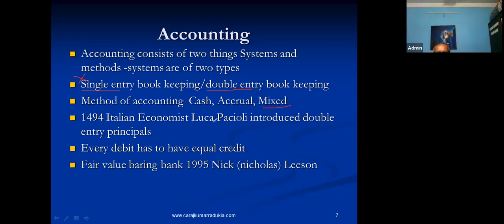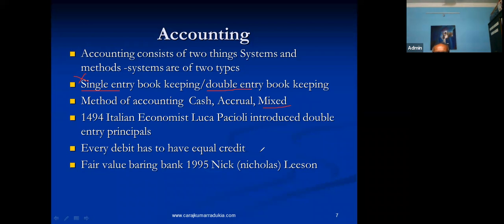Just for your information, when did double entry come into existence? Double entry was introduced by the Italian economist Luca. He introduced double entry, so every debit has to have an equal credit.